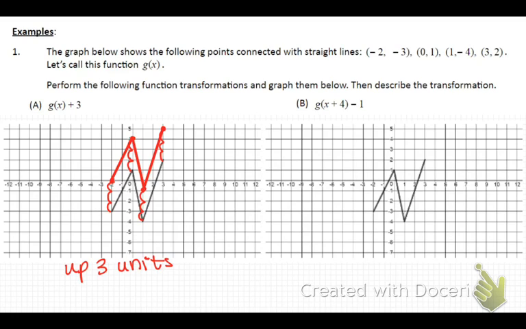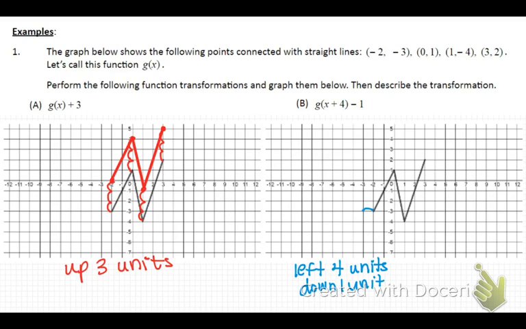Okay, on B, can I get someone else to tell me what is that transformation that's happening? To the left 4 units. Why is it left? Because my h is opposite. So left 4 units, and then what? Down 1 unit. So I'm actually going to perform these operations at the same time.